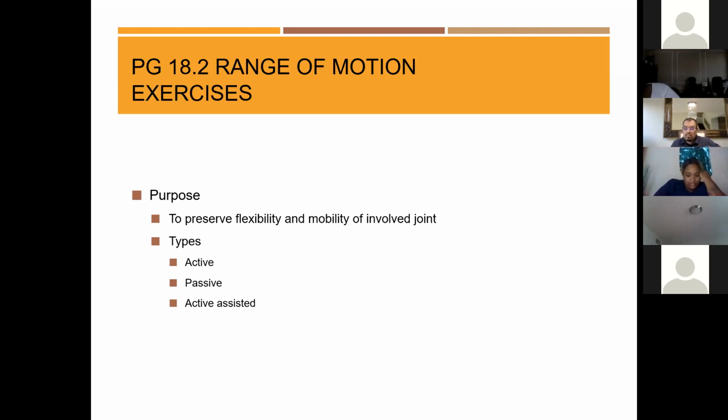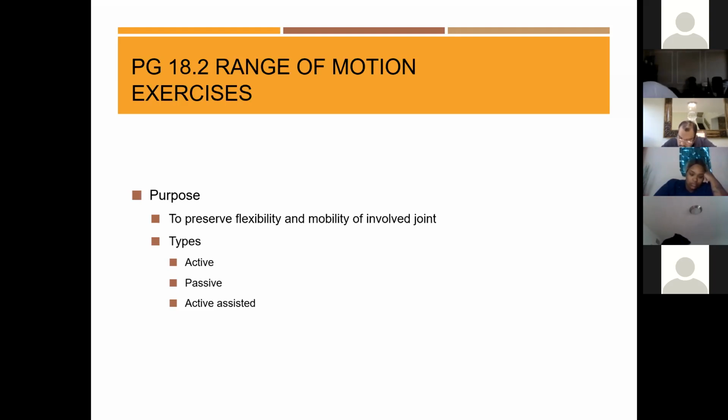If it's passive, then the patient is completely unable to perform the motion because they're too weak or they're sedated. Maybe they're in a coma. Okay, so if your patient has passive range of motion, that means that you do the motion for them, right? So if we want to do some wrist circles, then you would physically hold their wrist, hold that area, and move their hand around yourself, okay?